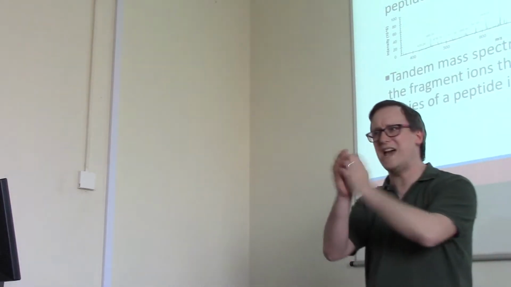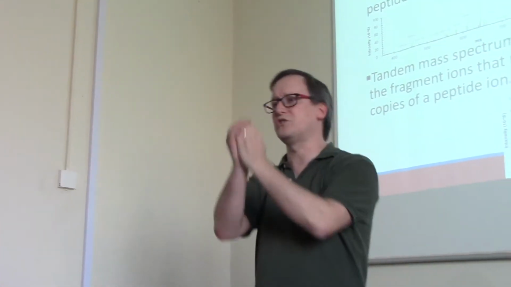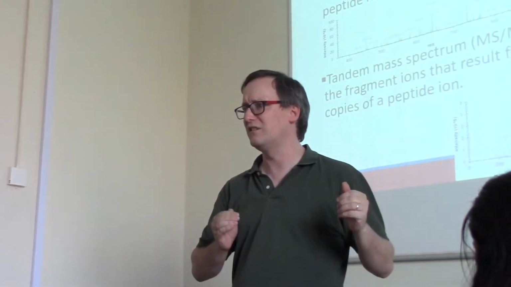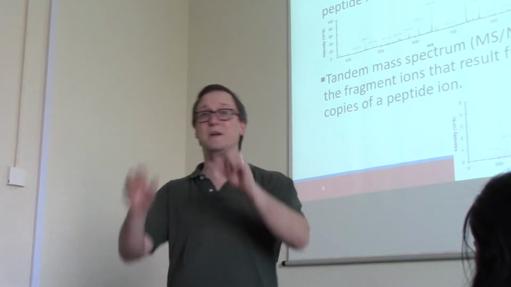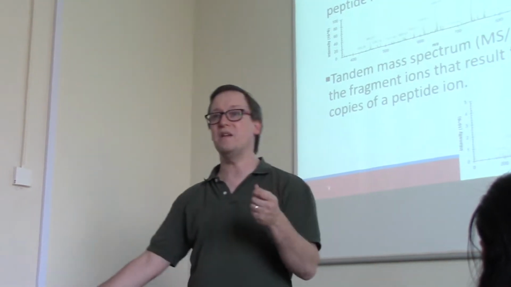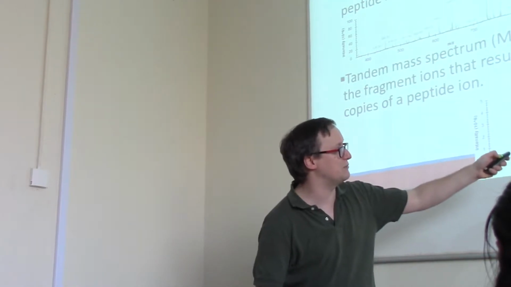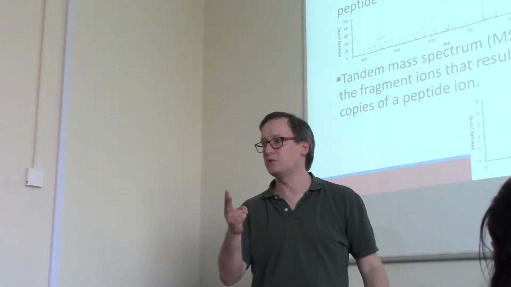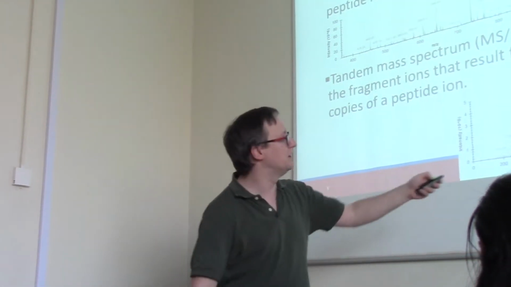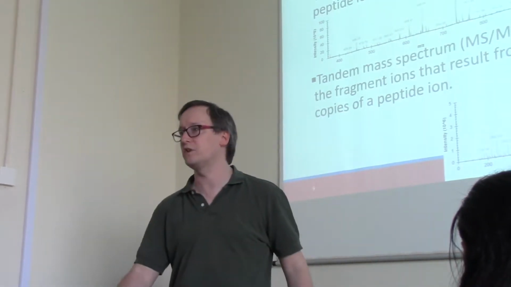How could you blow up something with mass to charge x and get something that has a higher than x m over z? The answer is that sometimes when you blow things apart, the fragments don't take all the protons with them. Here we had an intact peptide that was carrying 2 protons. When we blew it apart, some of the fragments had just 1 proton on them.